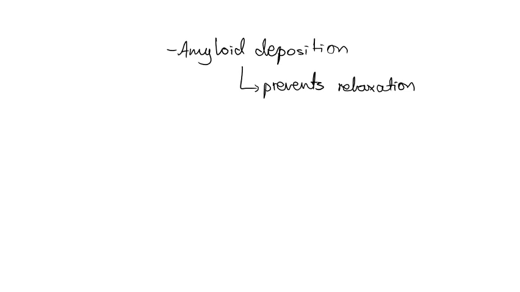So if we have impairment of relaxation, then we will likely see that the heart is unable to fill up with an appropriate amount of blood initially, so the diastolic volume will be reduced. And that essentially means that the heart will be unable to pump blood to the same extent outside of it.